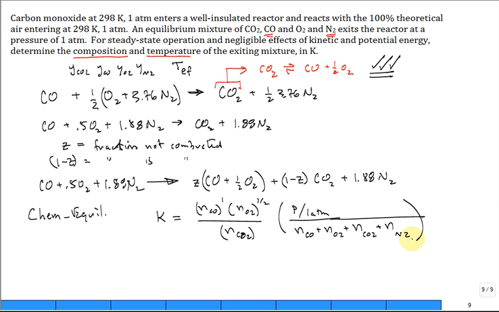All of that raised to the power 1 for the coefficient in front of the CO2, plus 1/2 for the coefficient in front of the O2, minus 1.